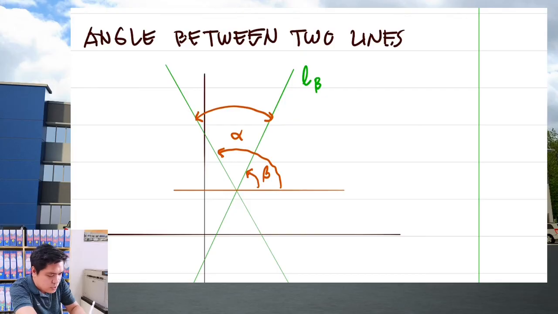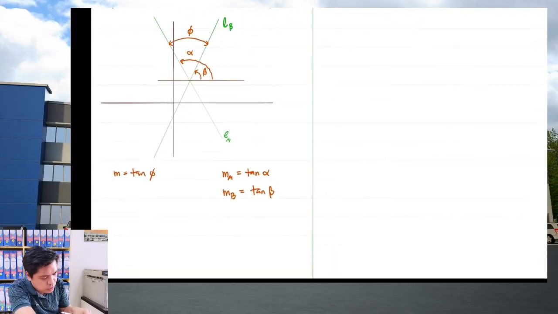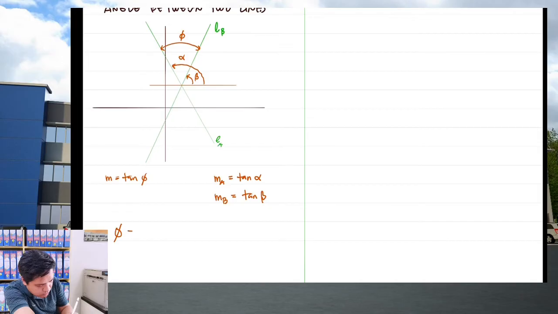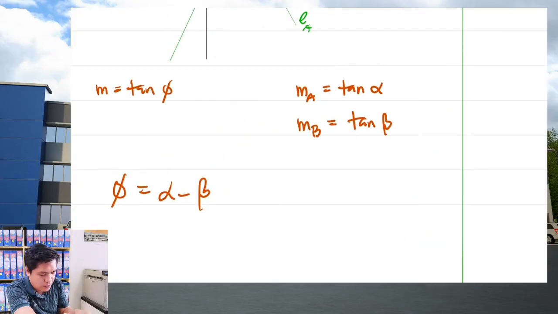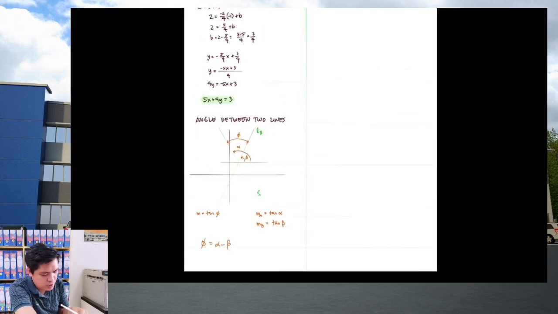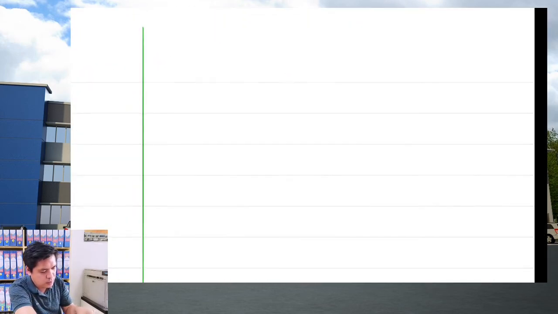Let's call this phi. So, we could say from the illustration that phi is just equal to the difference of the angles of inclination, alpha and beta. Okay? Balik natin dito. So, from the figure, we have phi is equal to alpha minus beta.